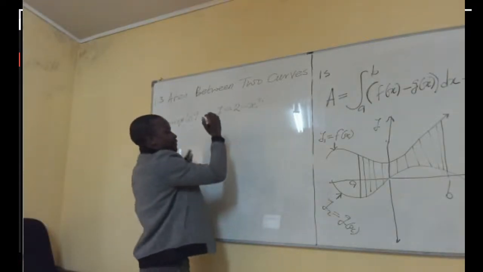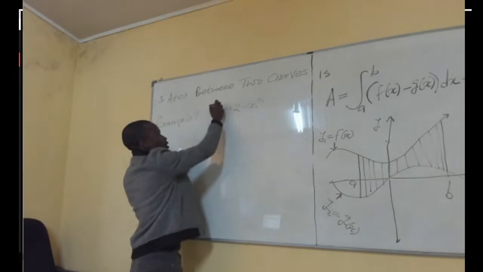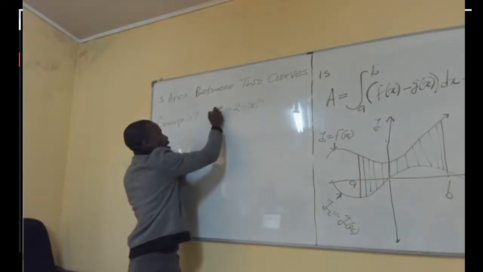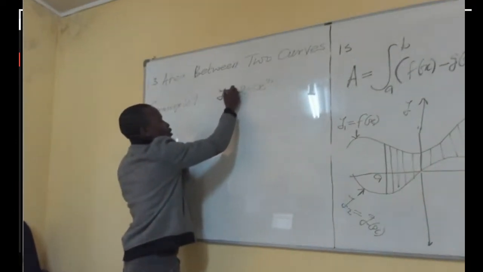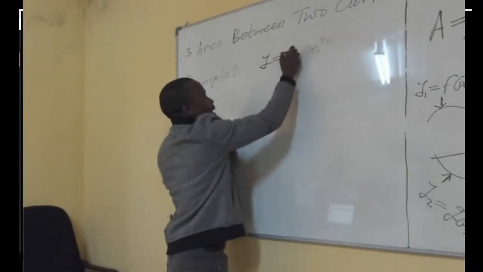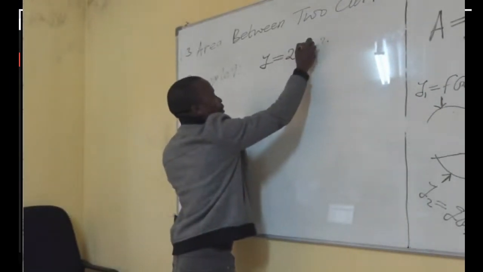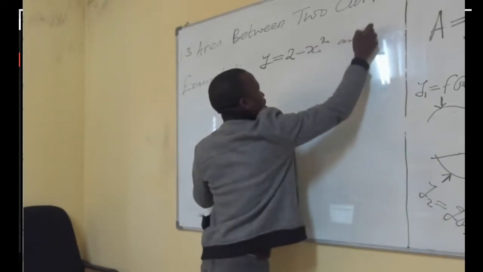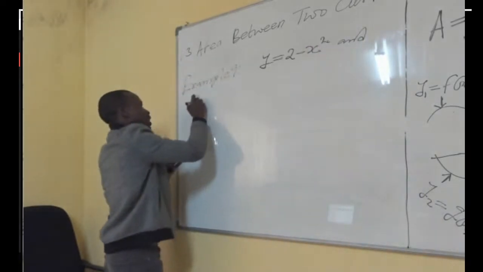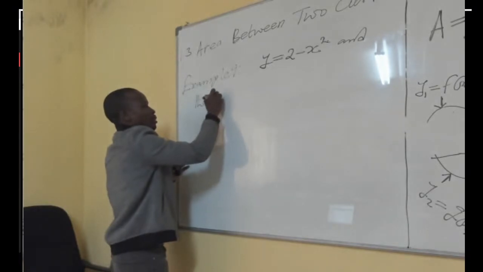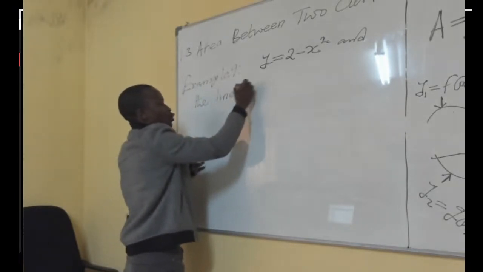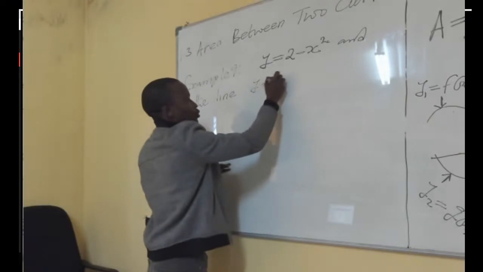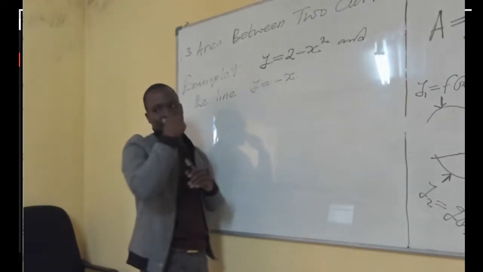So we have this region that is bounded, enclosed by this parabola and the line y equal to negative x.